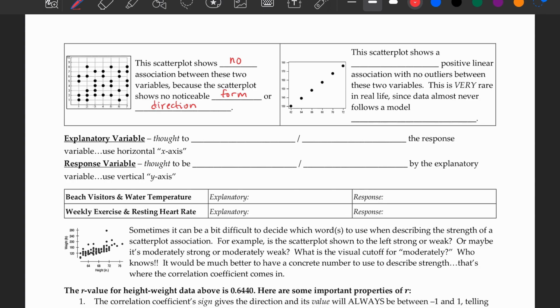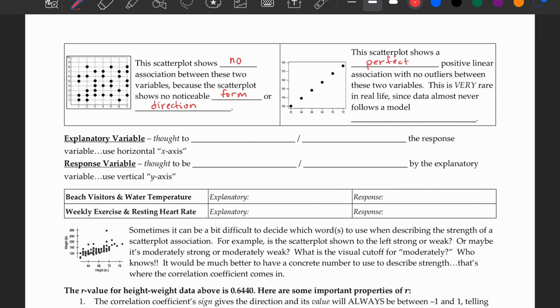However, on the other end of things, there are scatter plots that we might confront that show a perfect positive linear association. You can see that those dots all fall on the same line. They have no outliers either. This is a perfect association between these two variables. Now, while I said we might see something like this, it would be only in examples that we make up, because this is very rare in real life.